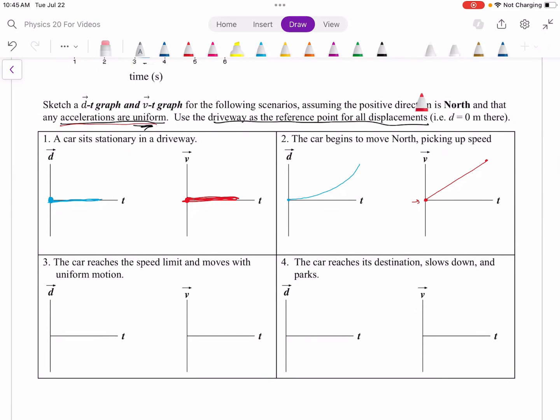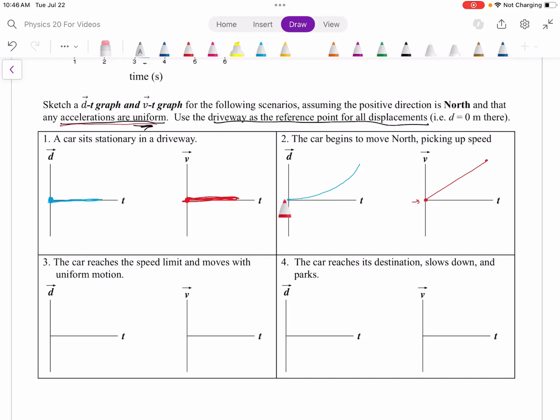One more connection to make back to our displacement-time graph. Look, this starts with a slope of 0, because it wasn't moving. So the velocity should be 0, and the slope of this graph would tell us our velocity. That's also something to notice here. Look how you would describe the slope of this and how that relates to the y value of this graph.